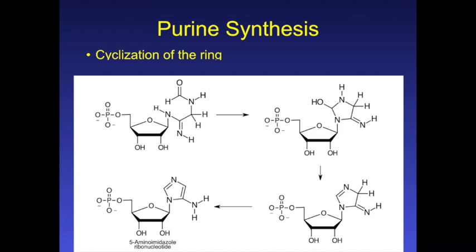What in the world is happening now? We are going to close this ring. This is the 5-membered ring. What in the world has changed? What have we lost? Right around here, what have we lost? That proton's gone.